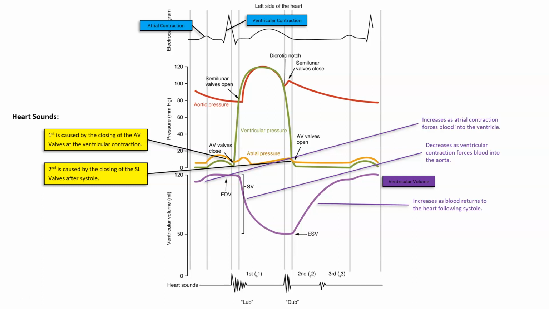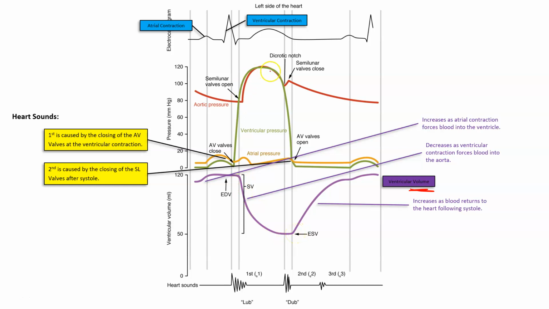Some of that blood, specifically the left ventricle, is going to be leaving the heart into the aorta, heading to the body tissues, and the right ventricle is going to be sending the blood to the lungs. In both cases, when the ventricle contracts, it loses blood volume, so the blood volume of the ventricle is reduced.